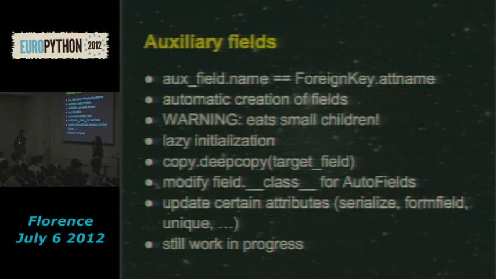I really couldn't come up with a better solution, but the problem is that at the moment the foreign key is created and its model is initialized, the target model may not have been loaded yet. So it all needs to happen in a lazy way.